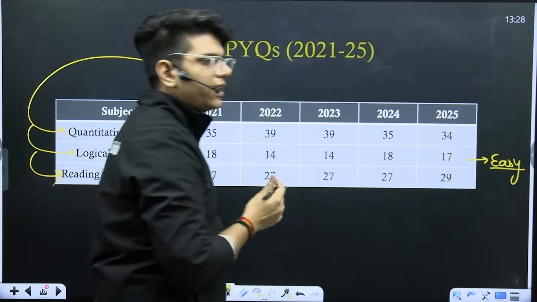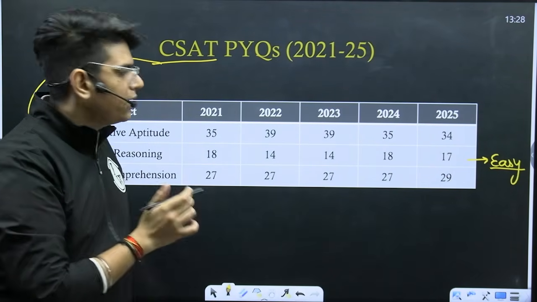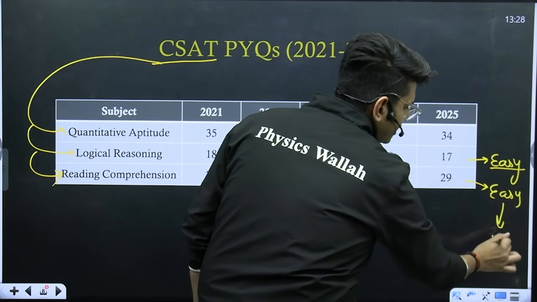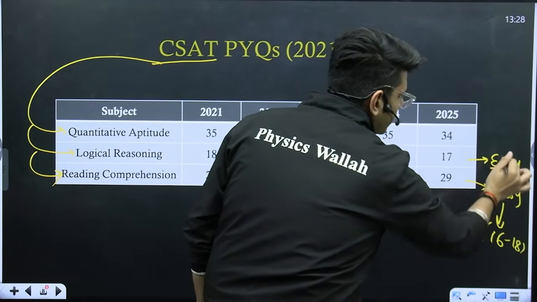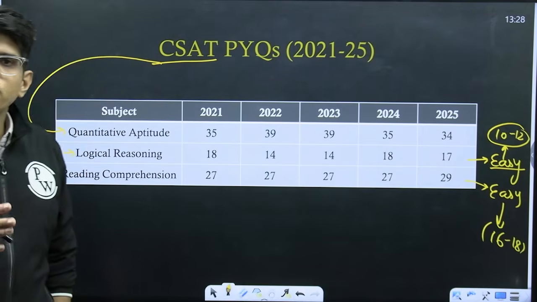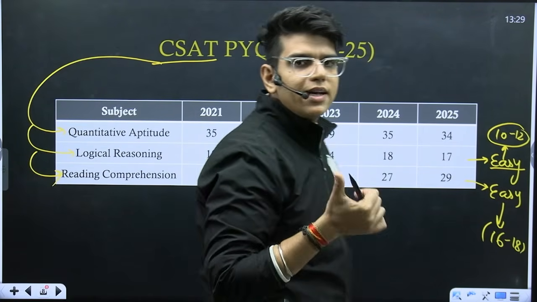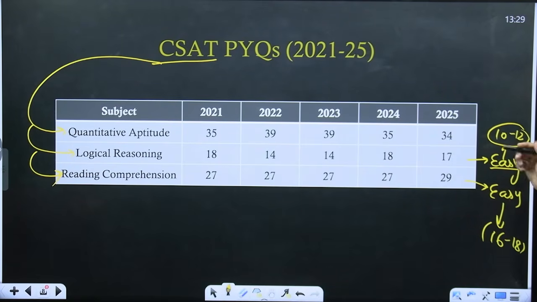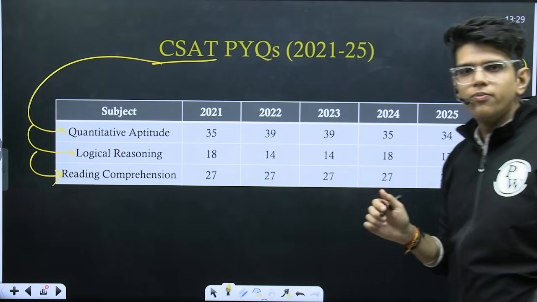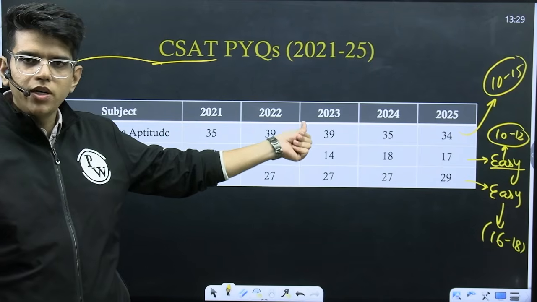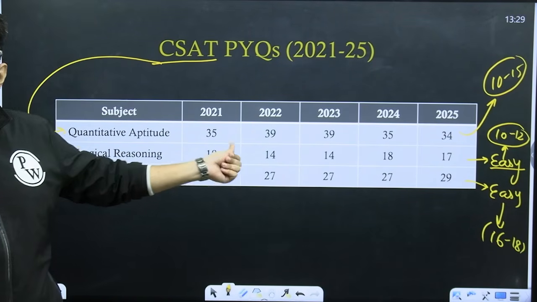If you are able to solve at least 8 to 10 questions from logical reasoning, and at least the easy questions from RC, that means 16 to 18 questions, and here 10 to 12 questions, you can almost get to 27, 28 questions from logical reasoning and reading comprehension, where you have only solved the easier questions. Apart from these, you will need only 10 to 15 questions from quant to get through, right? So this is the distribution. You should know that most of the questions are coming from quant, then reading comprehension, and then logical reasoning.